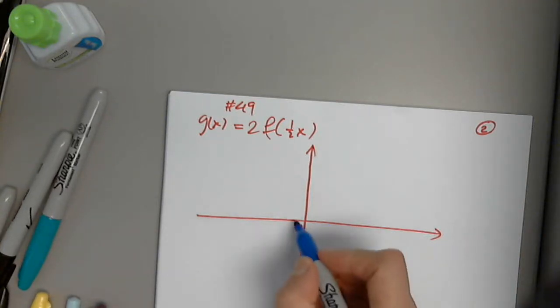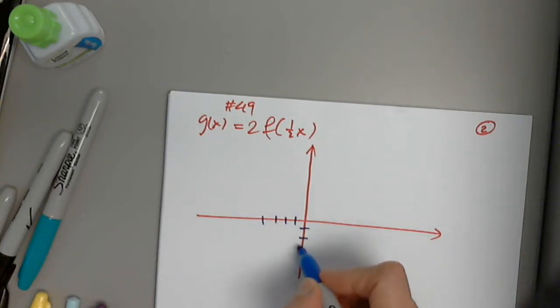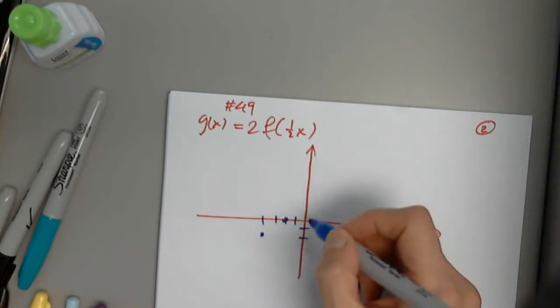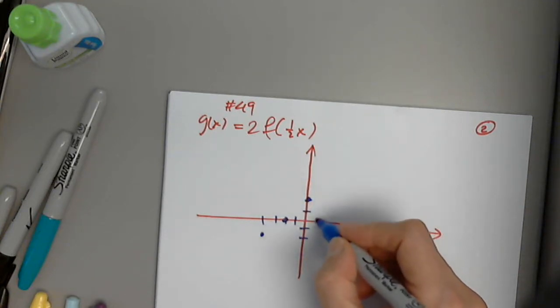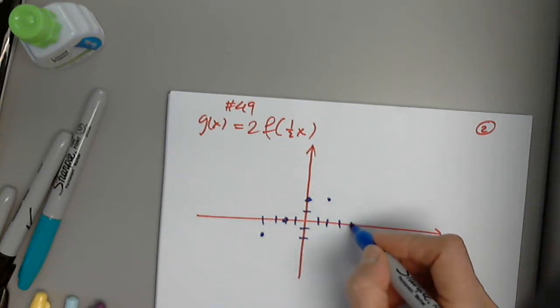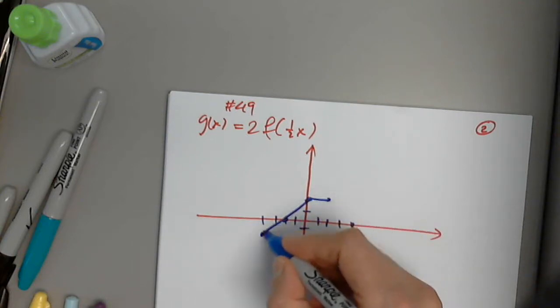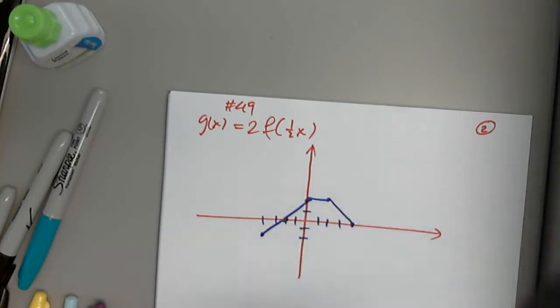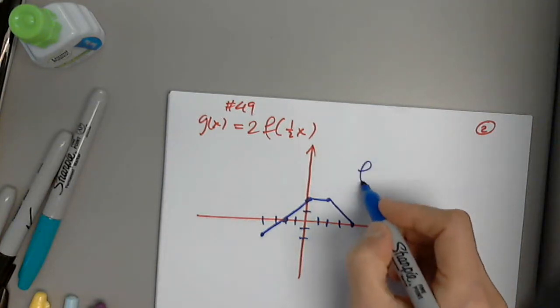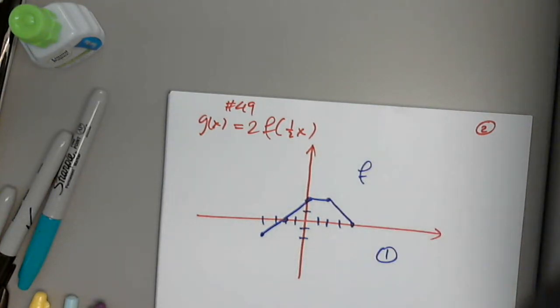So the same graph, -4, -2, 2, 4. So this is function f. What is the first transformation we have to apply to f?